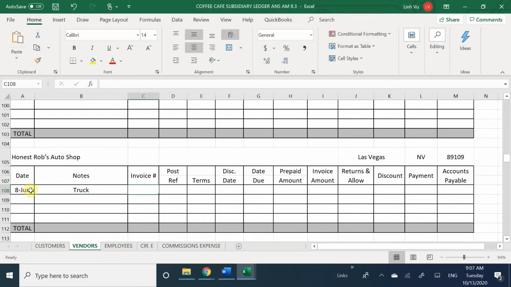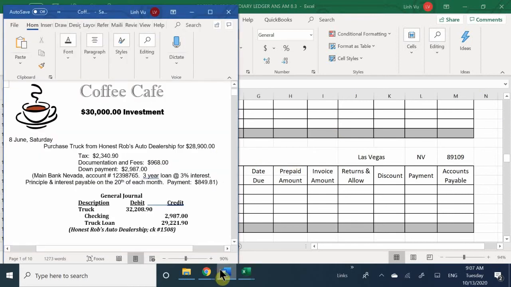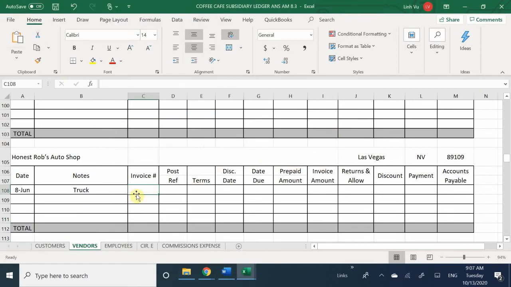Invoice number. Was there an invoice number? None, but there was an account number on the loan. We'll talk about that in a second. So we don't have an invoice number. Do we have a post reference? Yes, we do. General Journal number 3. Terms and discounts don't apply. But what was my actual invoice amount?